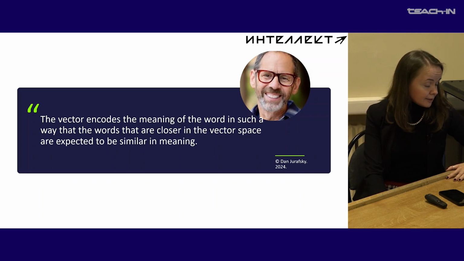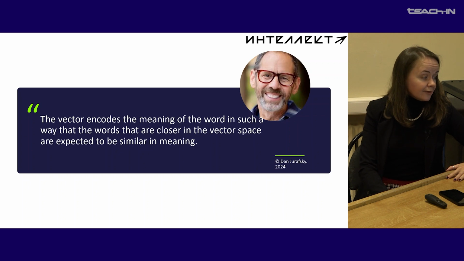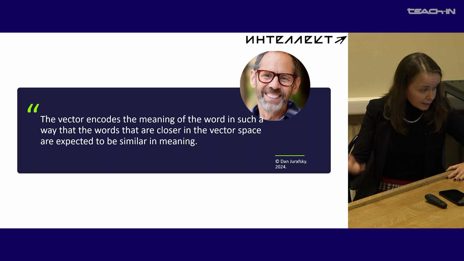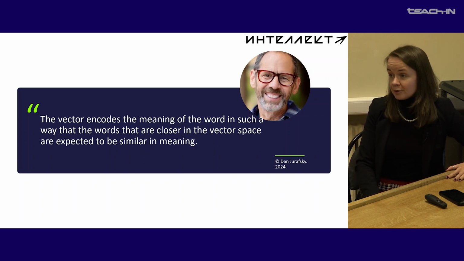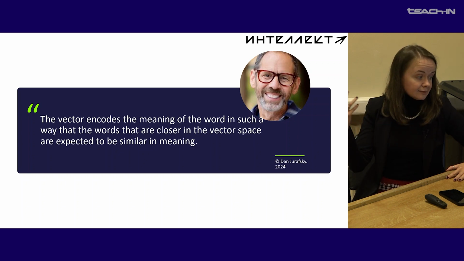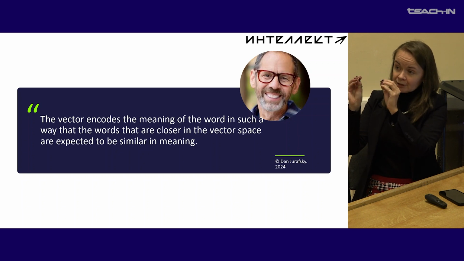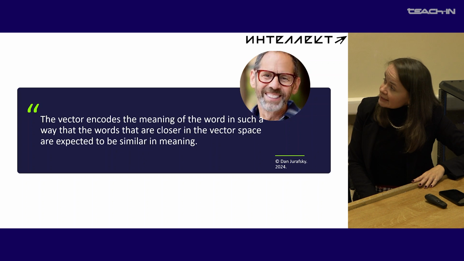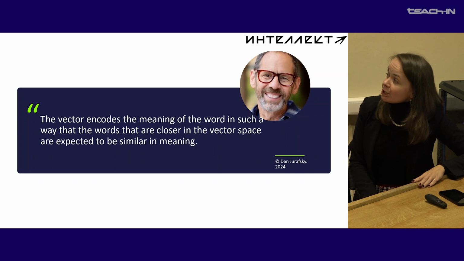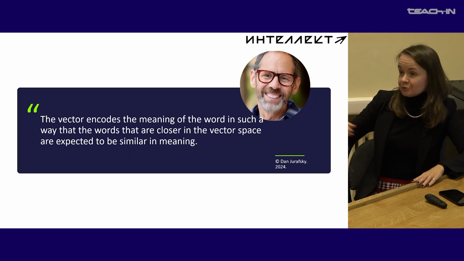And according to him, as you see, the vector encodes the meaning of the word, relying on the so-called distributional hypothesis that again was mentioned in the previous lecture, meaning that similar words appear close to each other.